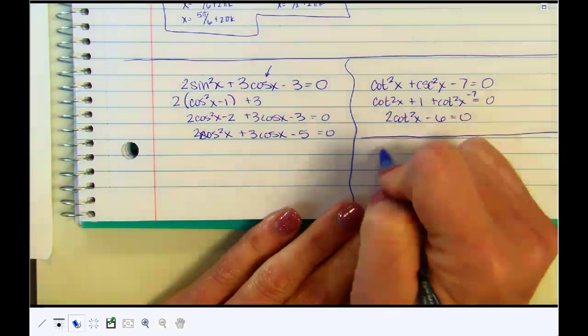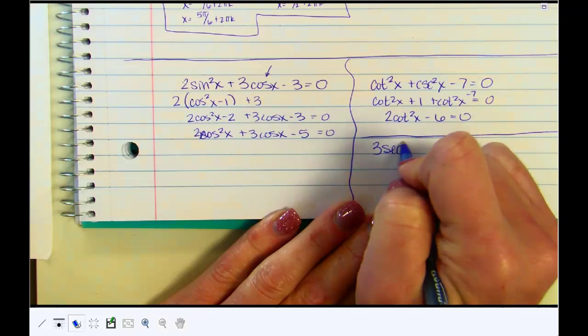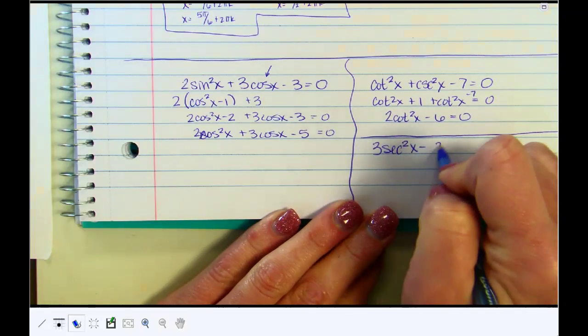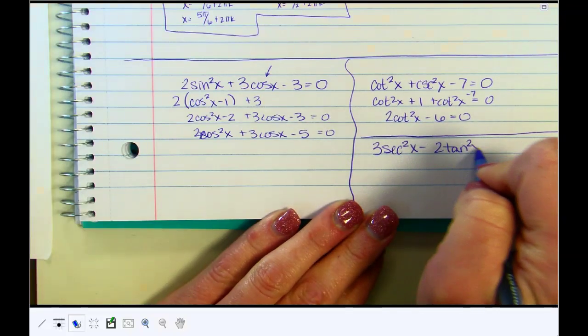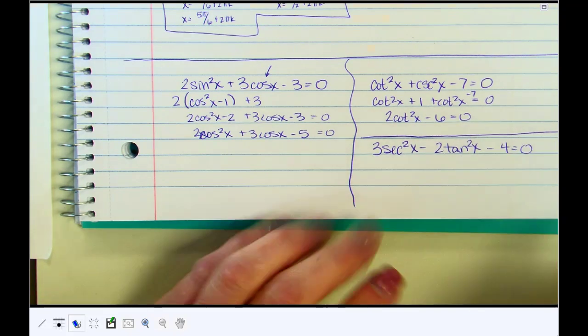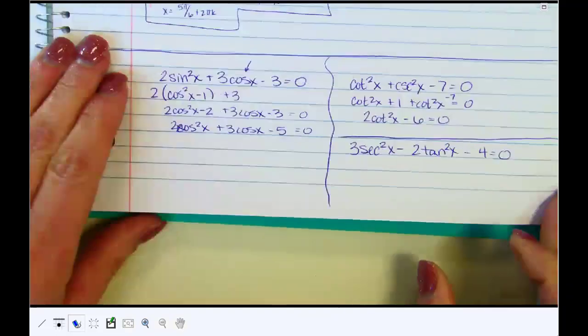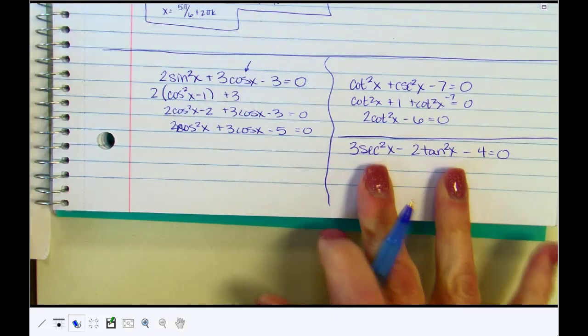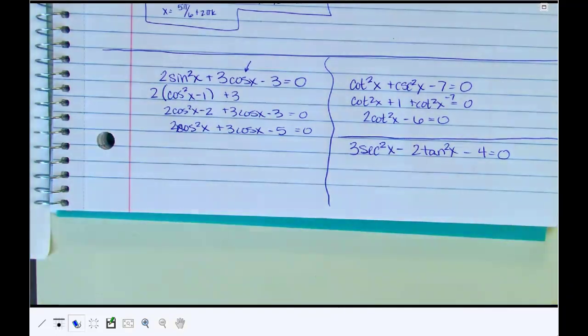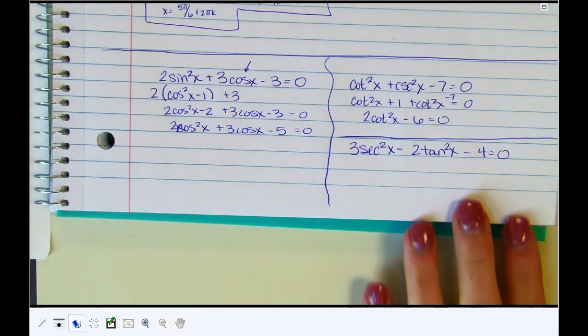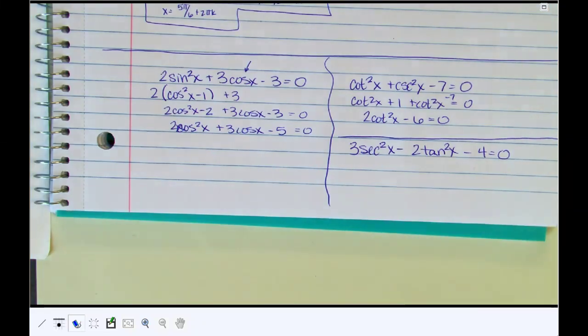But I want you to try this one. So I do want you to hear me say, you could have substituted out the cotangent if you wanted. If they're both squared, then you have a choice. So I want you to get this simplified, but you don't have to solve.